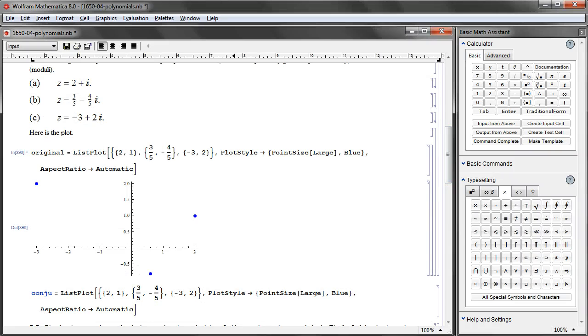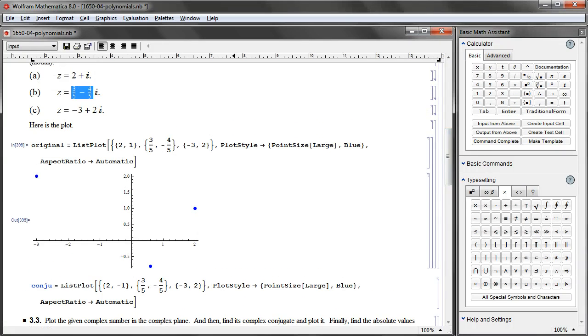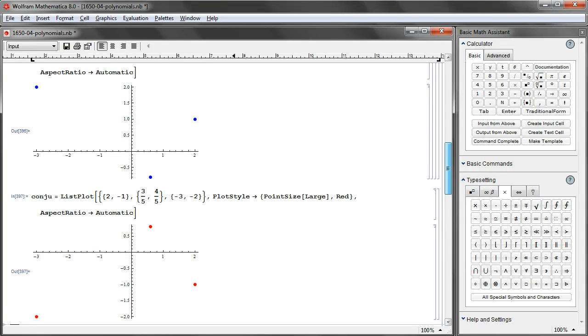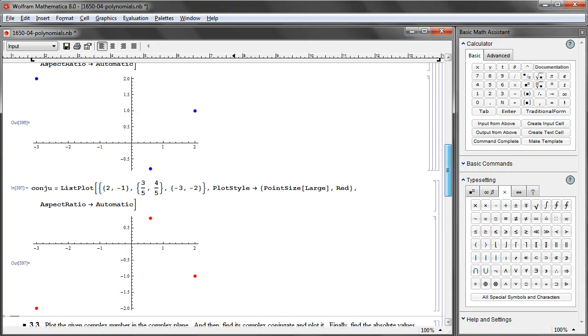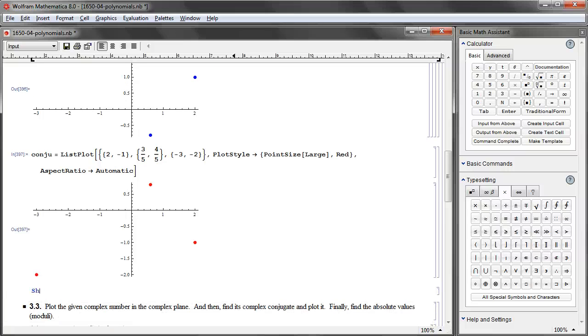This 2 plus i will become 2 minus i, so it's going to correspond to 2 comma negative 1. 3/5 minus 4/5 i will become 3/5 plus 4/5 i if you take the conjugate. So we have a sign change in the second coordinate. Likewise, we have these. And you're looking at pictures of those conjugates. Let's plot those together in the same viewing window.